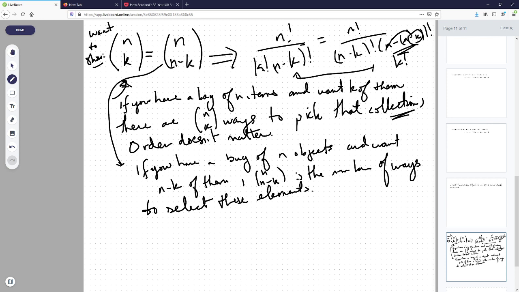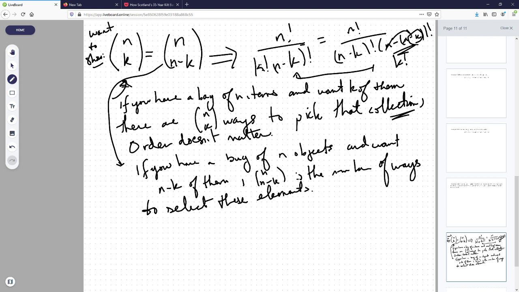But the combinatorial proof basically says if you have a bag of n items and want k of them, there's n choose k ways to do that. If you have a bag of n objects and want n minus k of them, there's n choose n minus k ways to do that.